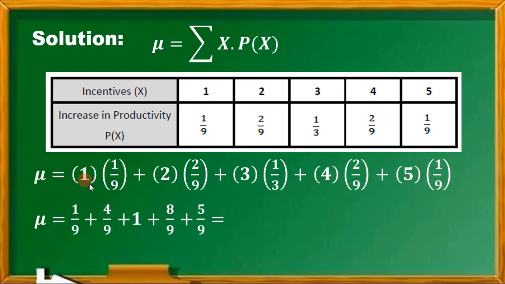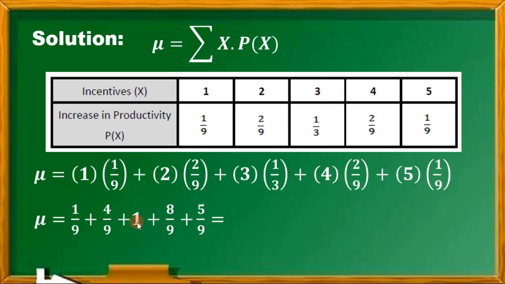Simplifying this, we have 1/9 plus 2 times 2/9, that's 4/9. Then we cancel 3 and 3 here, that becomes 1. Plus 4 times 2/9, so it is 8/9. Plus 5 times 1/9, 5/9.